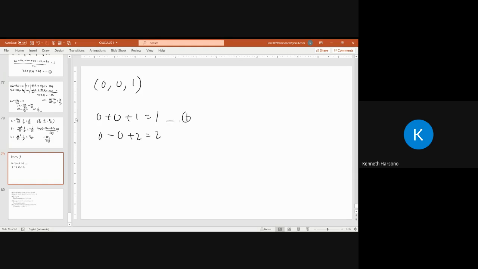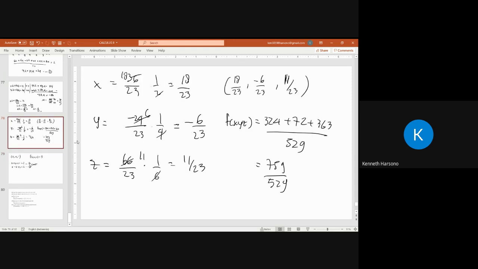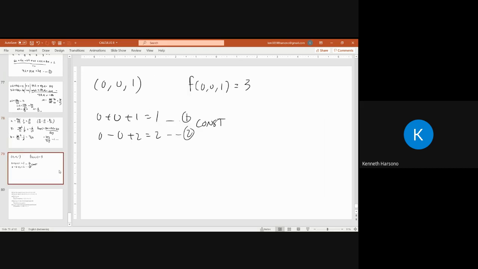So this one is our first constraint, second constraint. And if we put it into our function, this one is just 3, right? And this one is lower than 3, it's around 1 point something. So our point here, 18 over 23, minus 6 over 23, and 11 over 23, is our minimum.